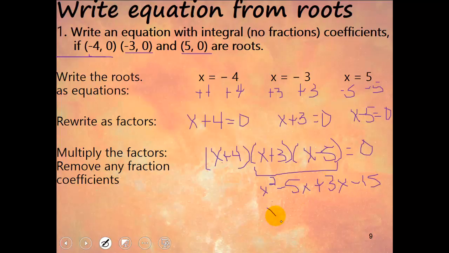I'm going to clean that up, and I get x squared minus 2x minus 15, and I have to multiply that times x plus 4. So I get x cubed minus 2x squared minus 15x plus 4x squared.